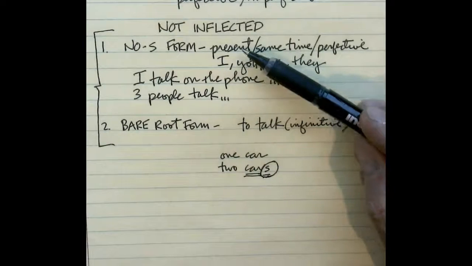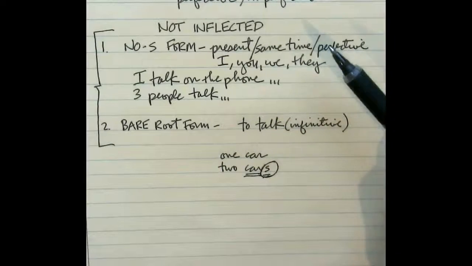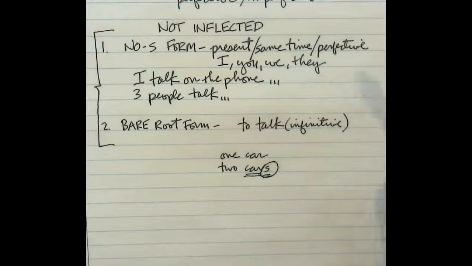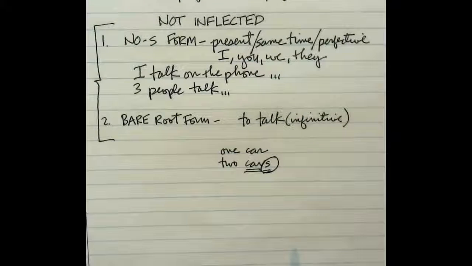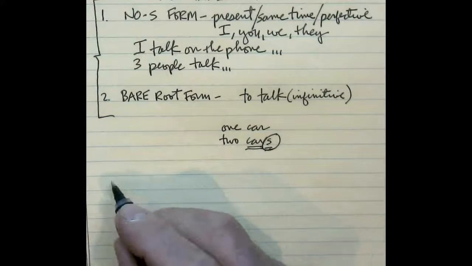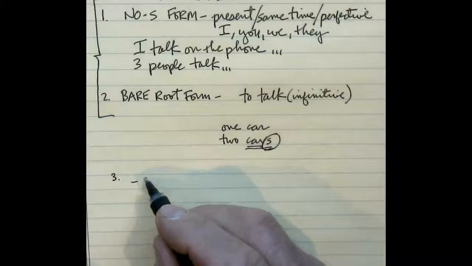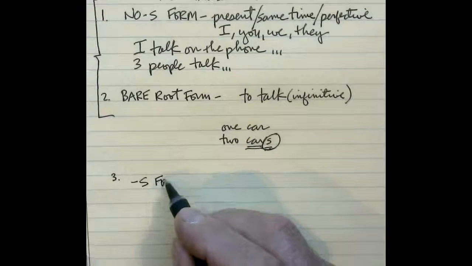So these first two forms are not inflected, and every verb in English has these same two forms. Every verb has a no S form, and every verb has the bare root form. Now, what's next? The next thing is every verb has an S form.